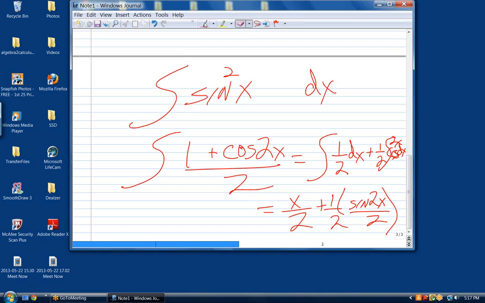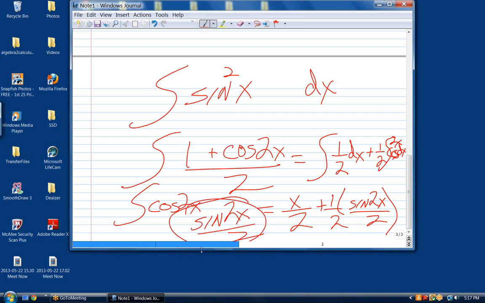Wrong sign. In other words, to take the integral of cosine of 2x, I can use the power rule. It's the sine of 2x divided by 2. Notice that if I took the derivative of this, I would get cosine of 2x.